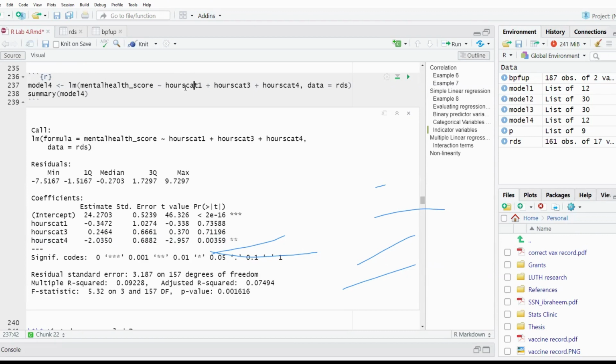And more often than not, we want to see normal weight as a reference category because that's what the vast majority of people are. But if you just did it like 1, 2, 3, 4, the way we did it initially, you will be comparing everybody to underweight. You know, underweight itself is a pathological state. So we want to compare everybody to a normal state, so that gives us a more meaningful comparison. Is this point clear?